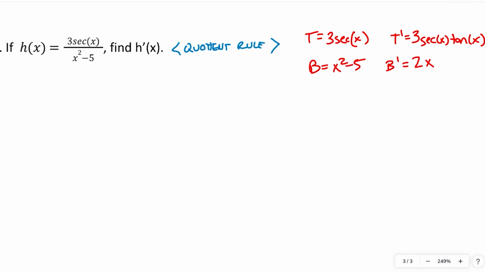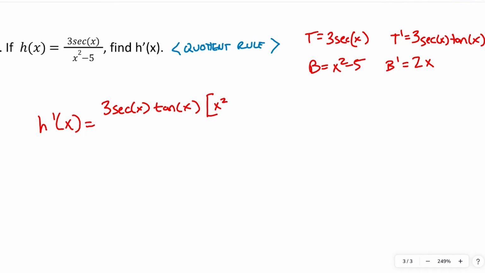So now we're just going to plug everything into our quotient rule. So the derivative of h is going to be the derivative of the top, so 3 secant x tangent x, times the bottom.